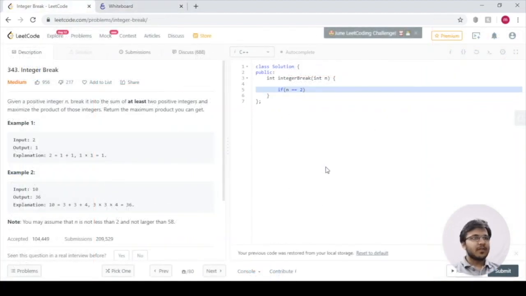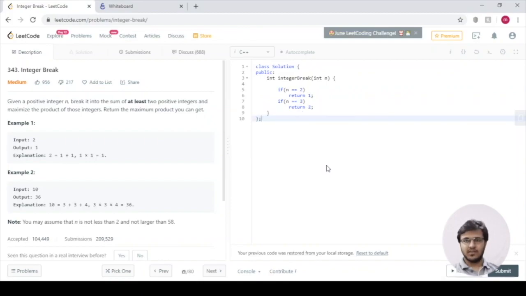First of all, let's write conditions when n equal to 2 and n equal to 3. Because when n is equal to 2, we can divide it only into 1 and 1 and no other number. So our conditions for 3 and 2 won't be satisfied. So when n is equal to 2, we return 1. And when n is equal to 3, we return 2. Why?